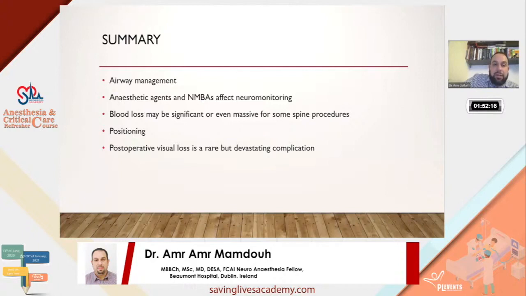Blood loss may be significant or even massive for some spine procedures, and you have to plan for blood conservation and blood transfusion as well. Positioning, and care about every single step in positioning your patient from head to toe, from abdomen to chest. And post-operative visual loss is a rare, devastating complication. It might happen to any of us, so we have to take good care about that.